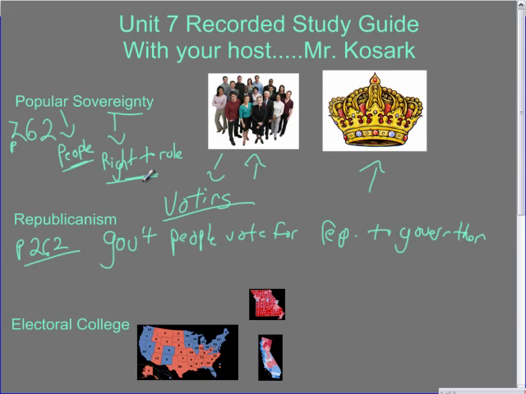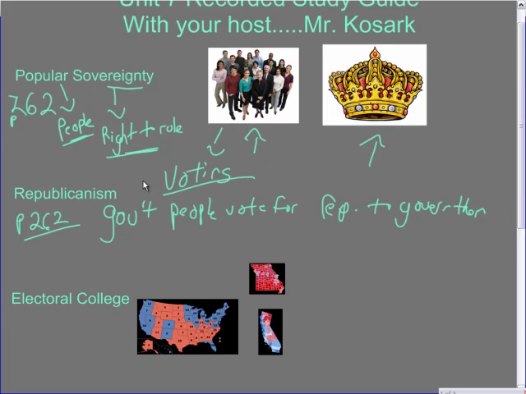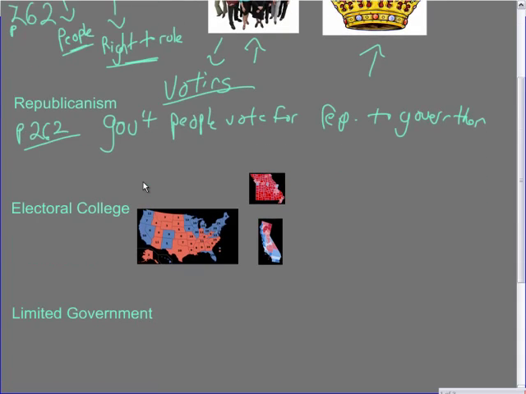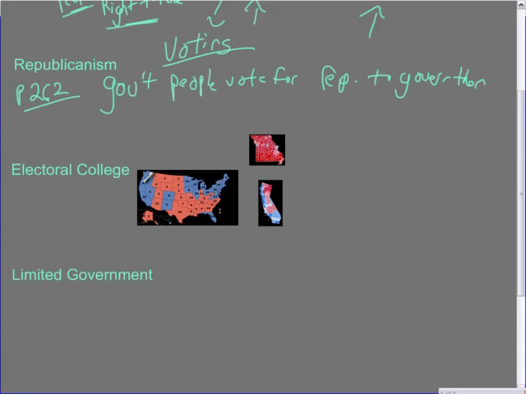We put both of these principles together in how we elect our president, and that is where you would look at the Electoral College, on page 276. There are 2 parts to being elected president. You have the popular vote, and then you have the Electoral College.